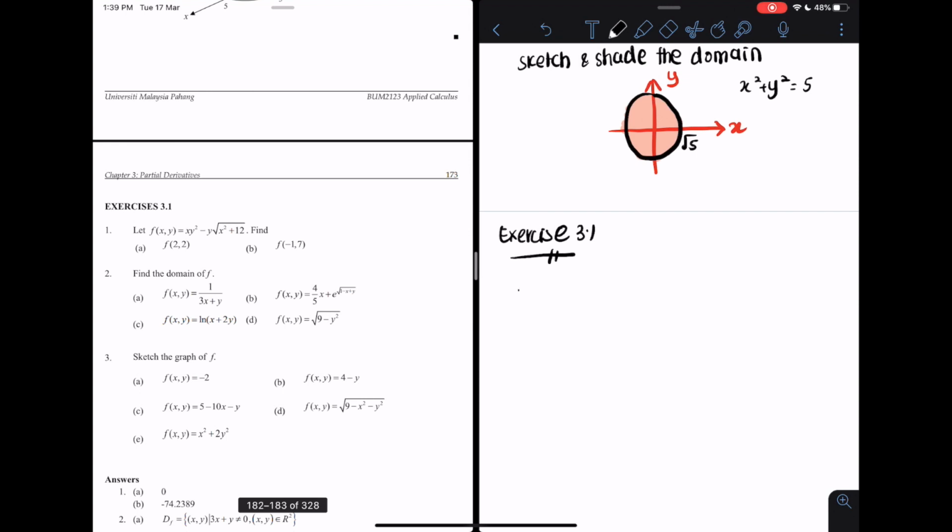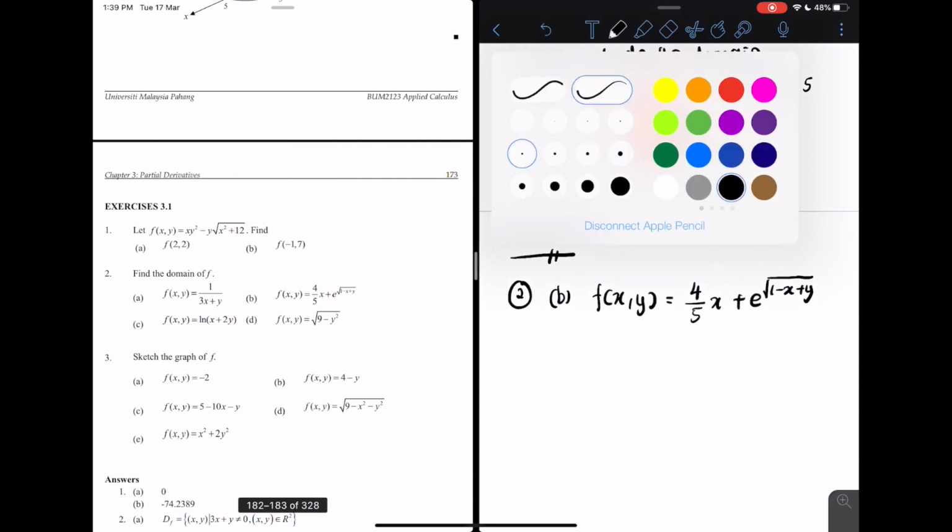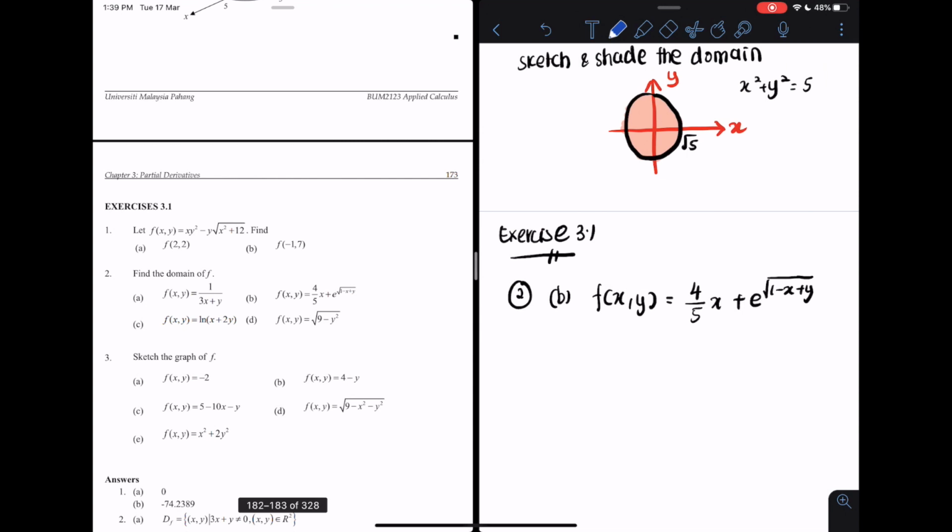For example, let's take a look at question 2, part B: determine the domain of f(x,y) equal to 4 over 5x plus e to the power of square root of 1 minus x plus y. Okay, so let me change the color of my pen. So how to solve?